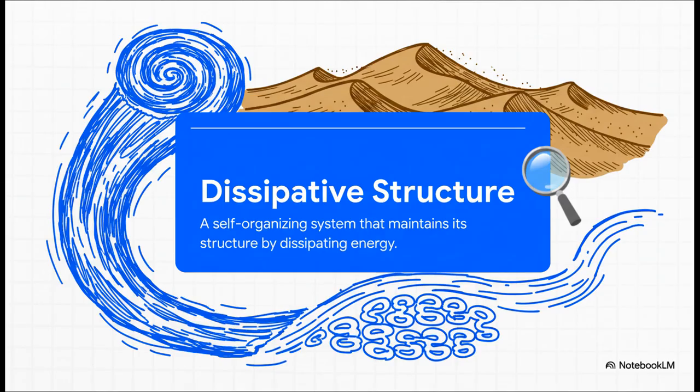Now, I know that sounds super technical, but the idea is actually pretty simple. Just imagine a whirlpool in your sink. That spinning vortex shape, it only exists as long as water is flowing through it and draining out. It has to constantly burn through energy just to keep its form. That's a dissipative structure. And guess what? Both sand dunes and rivers work in exactly the same way.